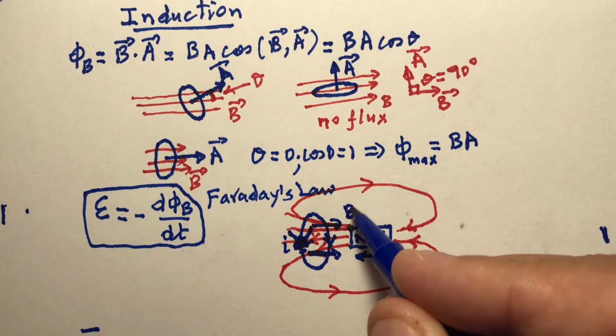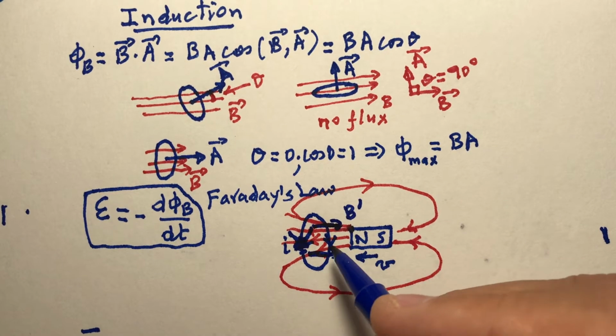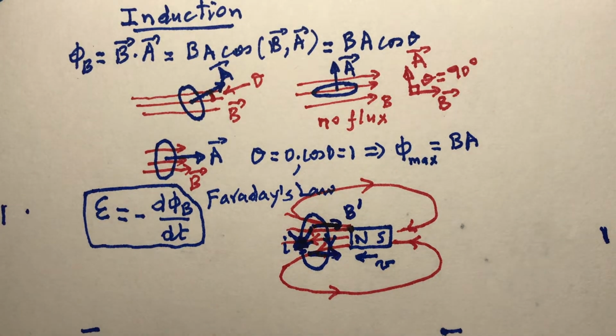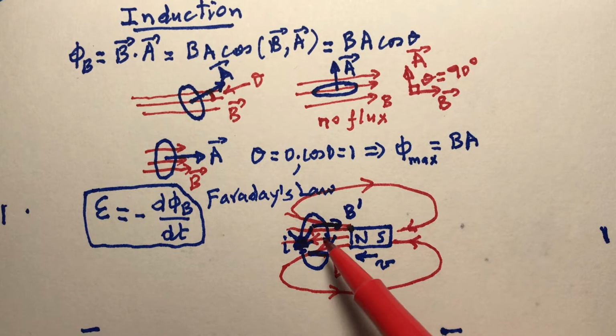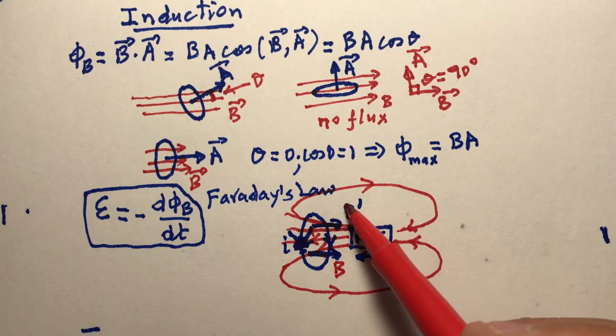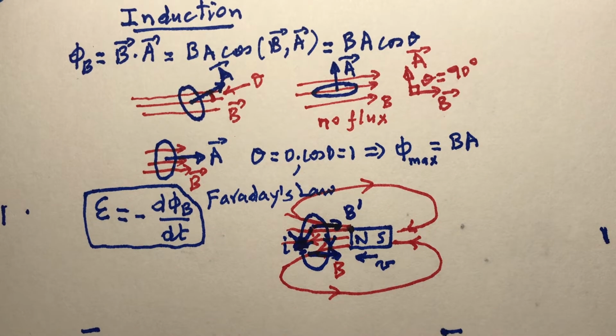I call it B prime. So this magnetic field here will oppose that red magnetic field that was coming from the magnet. So we have the red magnetic field coming from the magnet, and this blue magnetic field, this B prime, is coming from the ring. So this is actually Lenz's law.